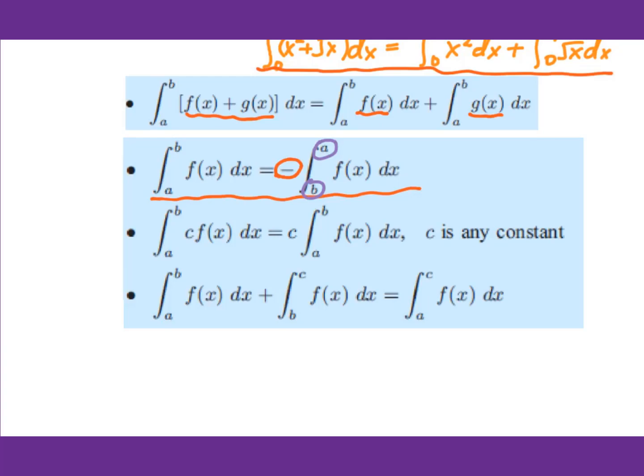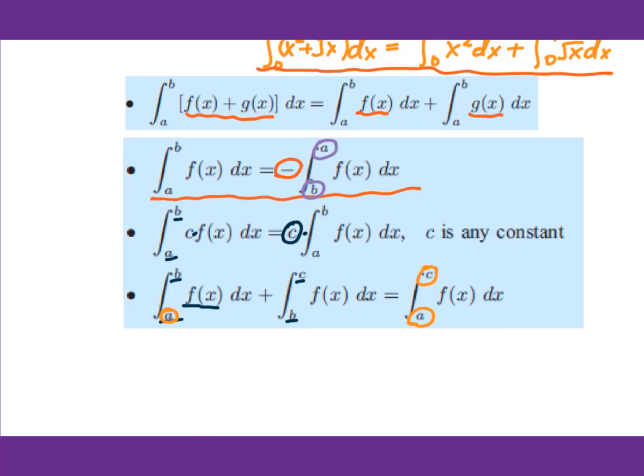The definite integral of c times f of x from a to b: we can take the c outside and do the multiplication with this definite integral. And when we have the definite integral of f of x from a to b plus the definite integral of f of x from b to c, that equals the definite integral of f of x from a to c.